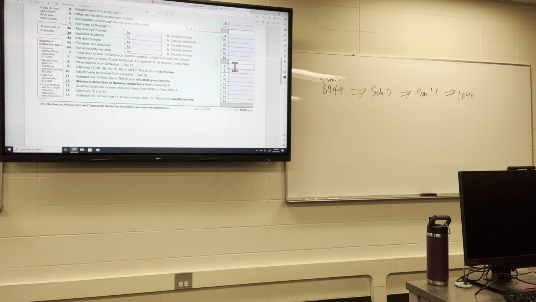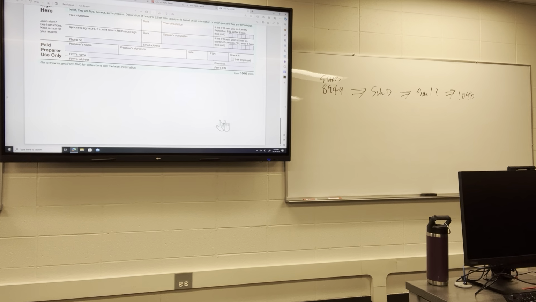So here, capital gain or loss then flows through to line 7. Now, if it's a loss, this isn't gonna be more than $3,000, right? Because 3,000 is our limit on that loss. So we don't go to Schedule 1.